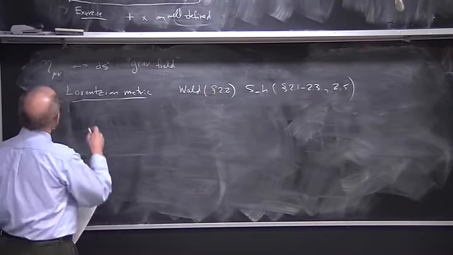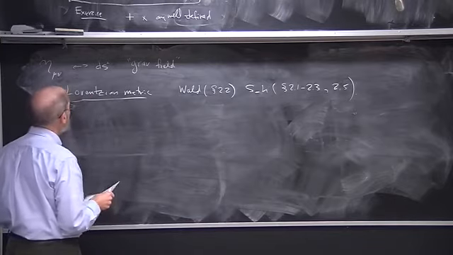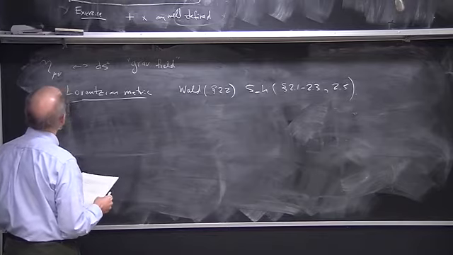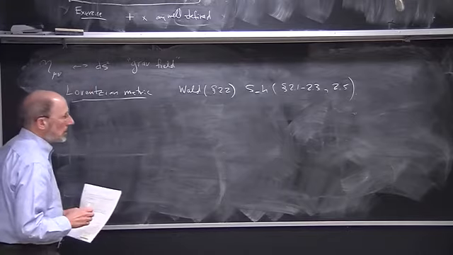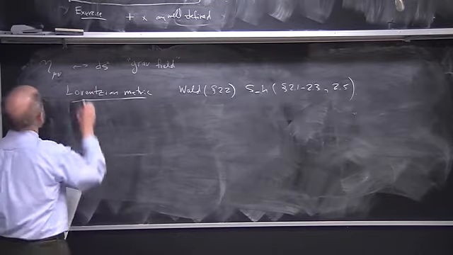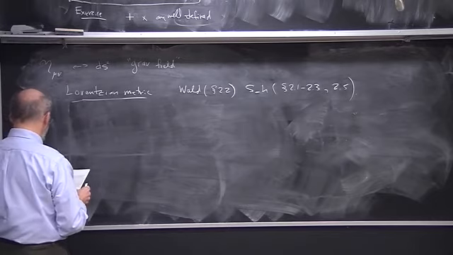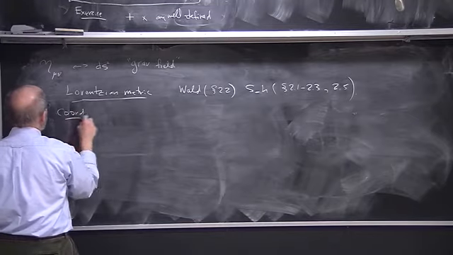So I'm going to define the metric, first of all, in the sense of the line element, and to do that I'm going to do it with respect to a chart. So for the moment we'll consider, in fact, a coordinate chart, not just any chart.